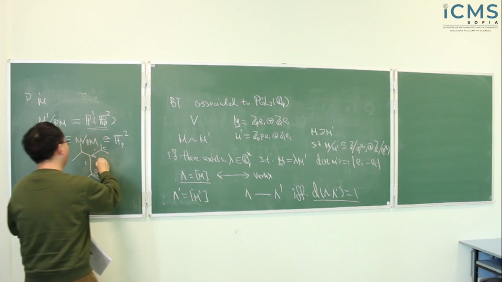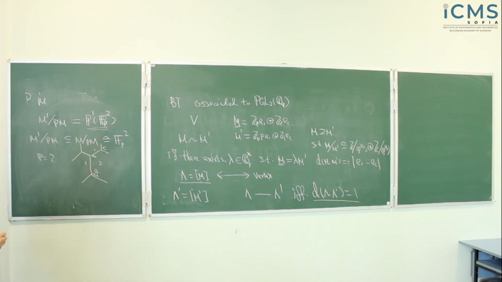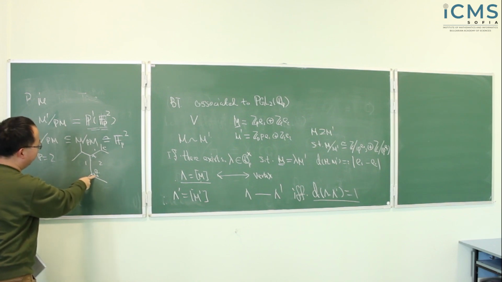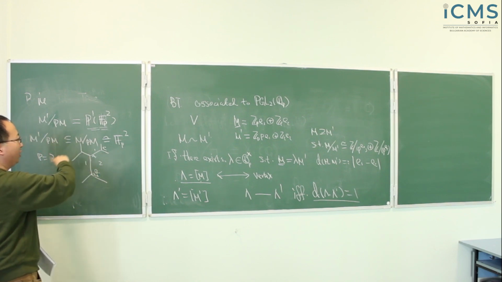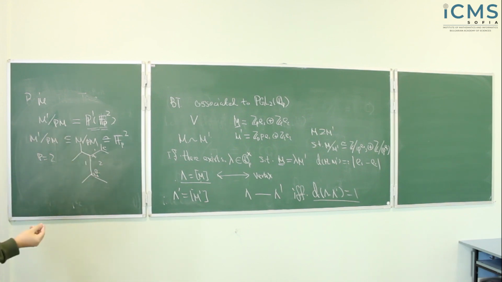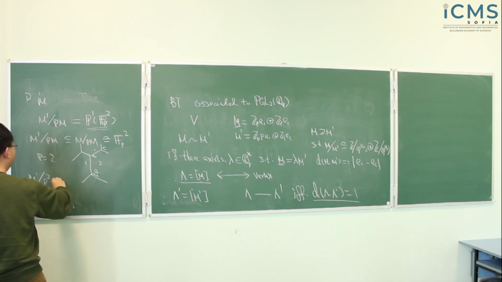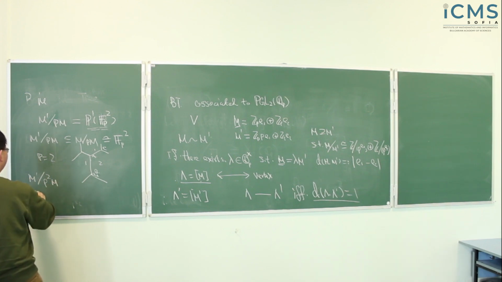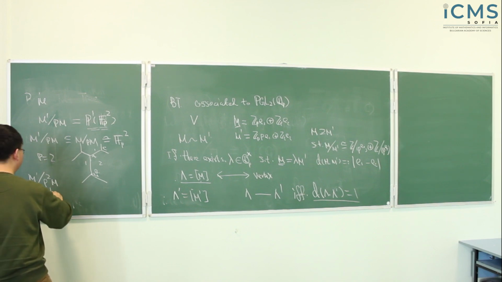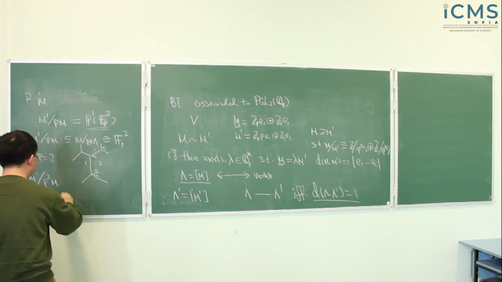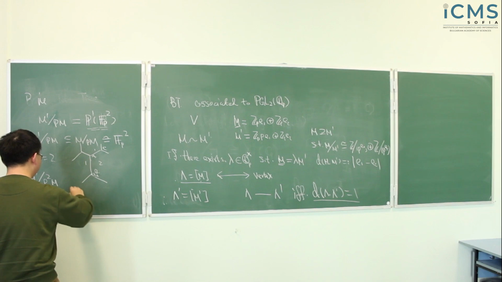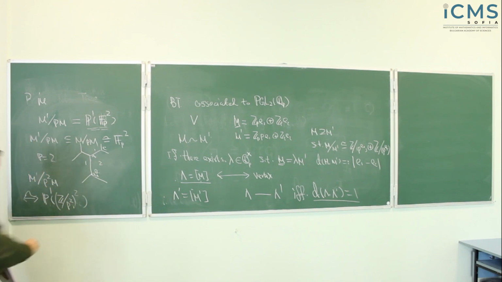You may ask how many points are connected to the point B inside the tree with distance 2. You can just consider the M prime modulo p square M, which is in one-to-one correspondence with the P1 of Z modulo p square.